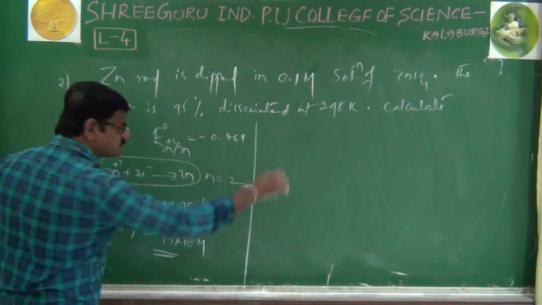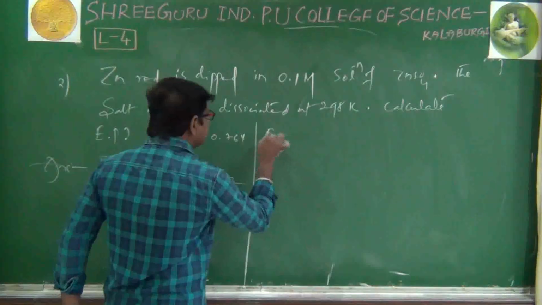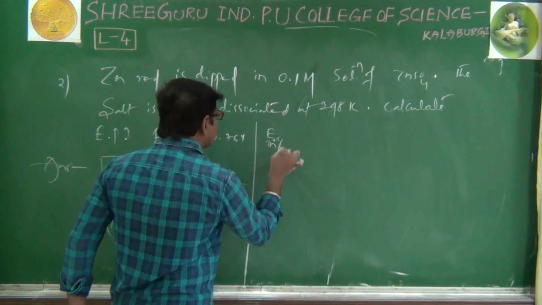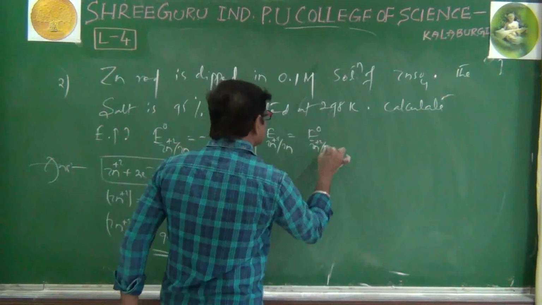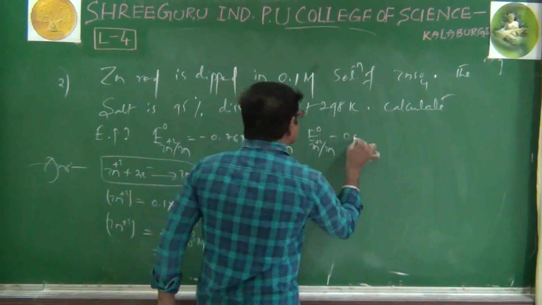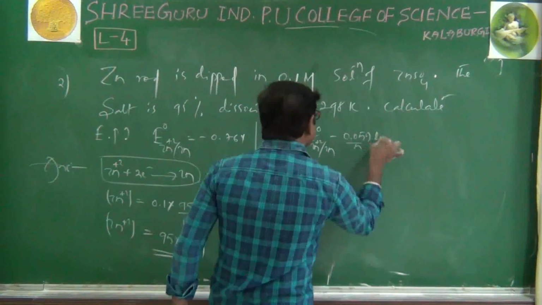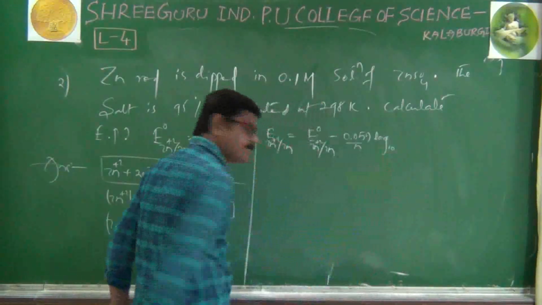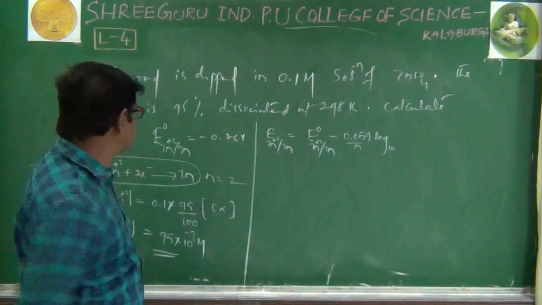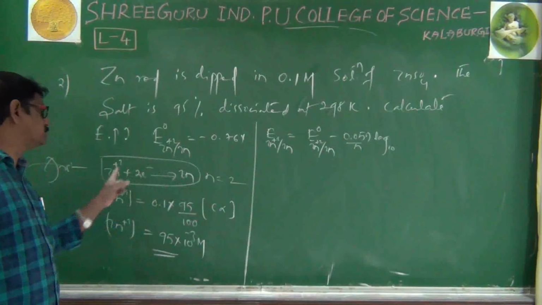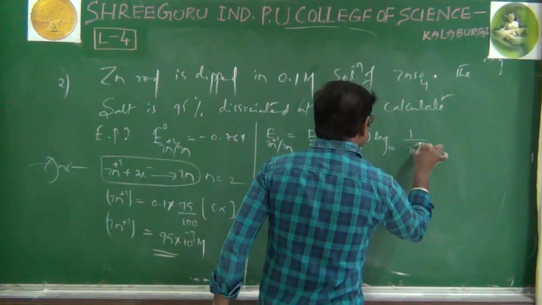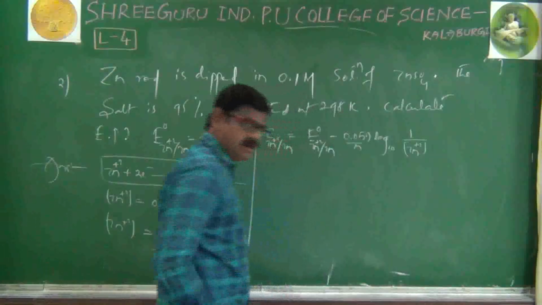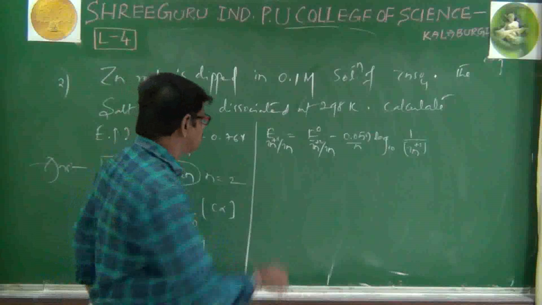I will write E Zn2+/Zn equals E naught Zn2+/Zn minus 0.059 by n log base 10 of product by reactant, that is 1 by [Zn2+], with square brackets for concentrations.